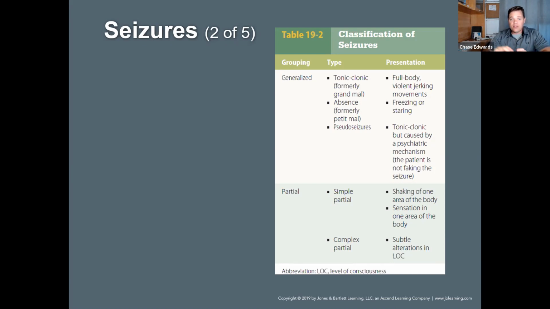A pseudo seizure is a true event that happens because of a psychiatric root. They don't intentionally cause it. A fake seizure is just that. It's not a seizure. It's fake.